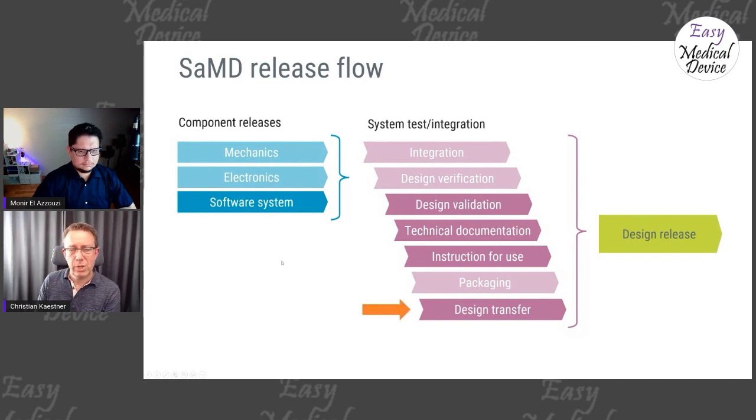I also want to highlight design transfer. If you look at ISO 13485, there's a design transfer: you have a design, and then you transfer it to production. Some might say production is when you deploy it to a production server, or push it up to a web server, when it's taken into production.